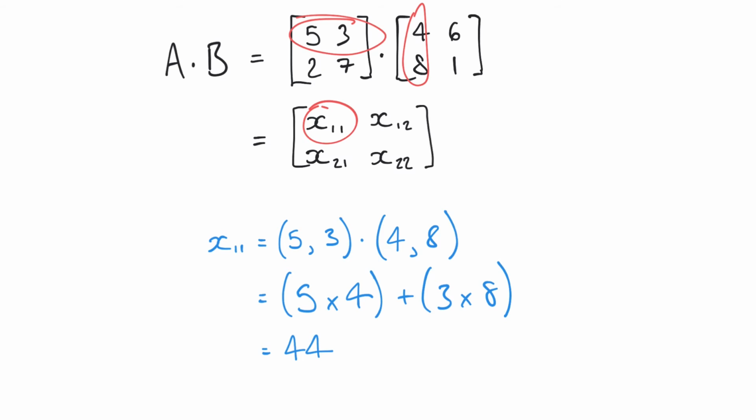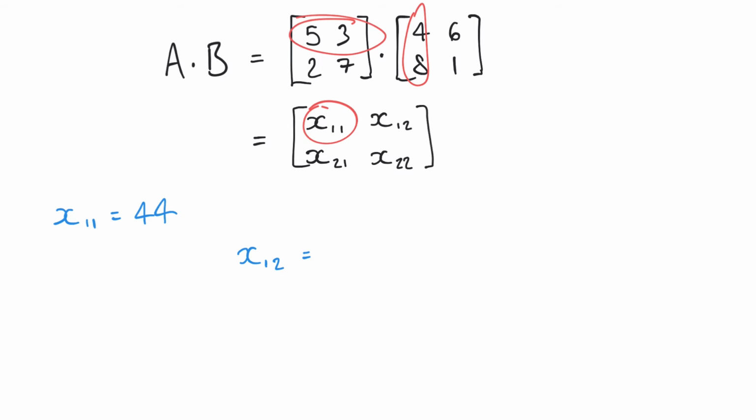So now we've worked out the value of x11, the first of our unknown terms in our resulting matrix. We're going to apply exactly the same method to x12, x21 and x22. Looking at x12 now, you can see that it's still in the first row, but it's now in the second column.